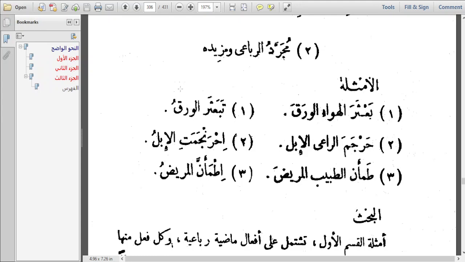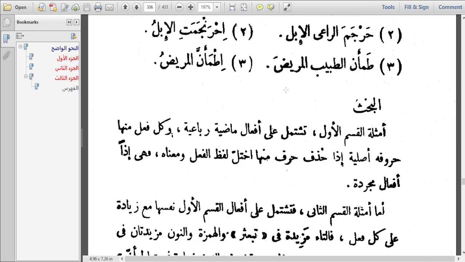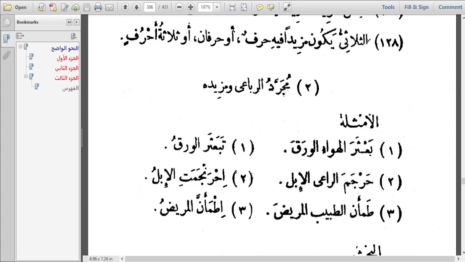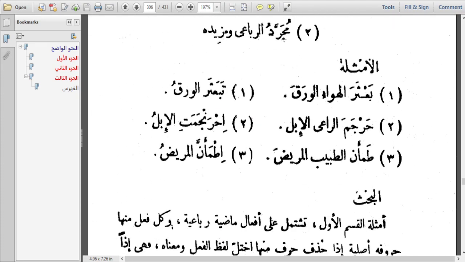This will be a short one because when you have the four-lettered verb, the meters are not as many as the meters for the three-lettered verb, where you can have af'ala, fa'ala, fa'ala, and then infa'ala, ifta'ala, if'alla, tafa'ala, tafa'ala, istaf'ala, if'aw'ala.